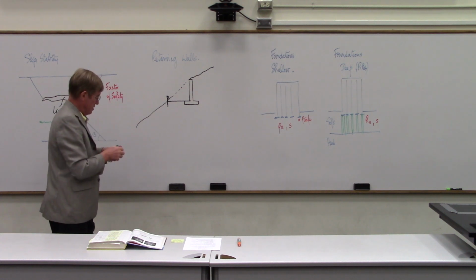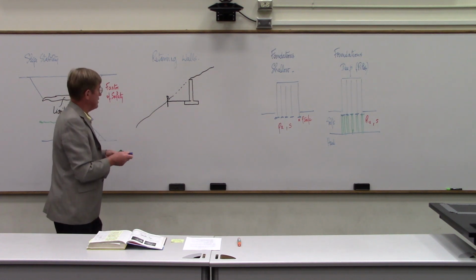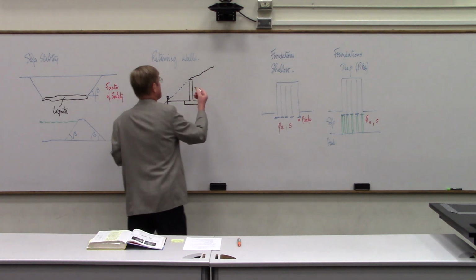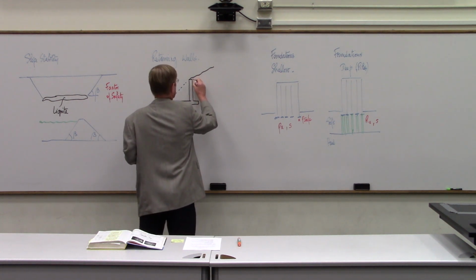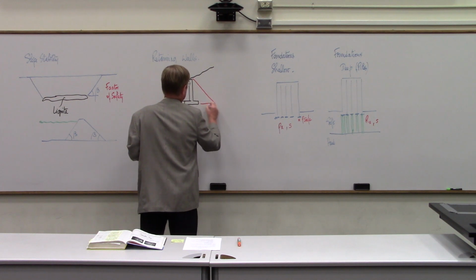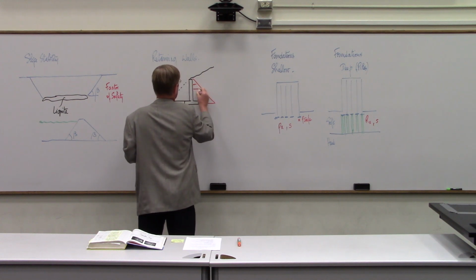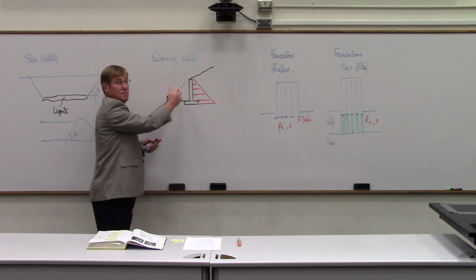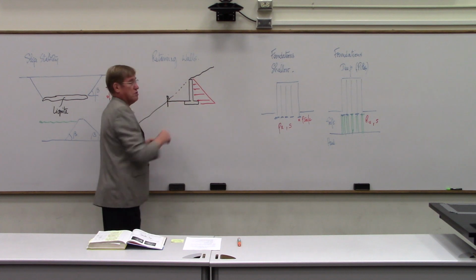And then behind that retaining wall, what the geotechnical engineer will have to do is calculate the pressure that is generated against that retaining wall, so that the retaining wall doesn't slide and doesn't overturn.